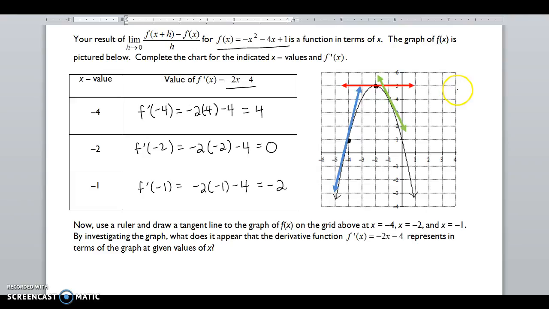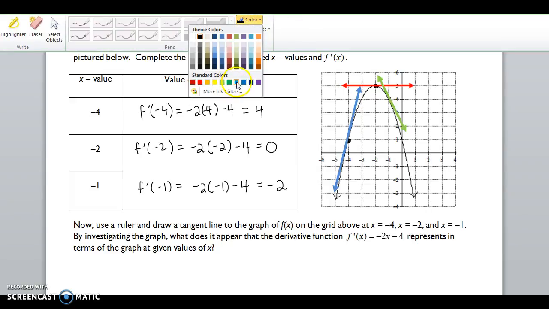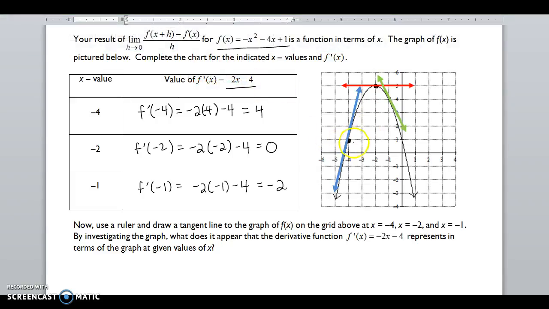Okay, so let's think about what these tangent lines have in common with our derivative. On the other side, we had talked about how the formula we were using was the slope of the tangent line. So let's check the slopes of these tangent lines and see what they are. If we look here, at negative 4, what is the slope of that line?